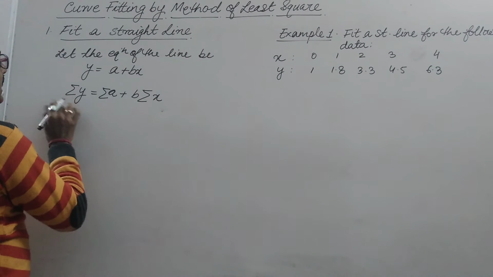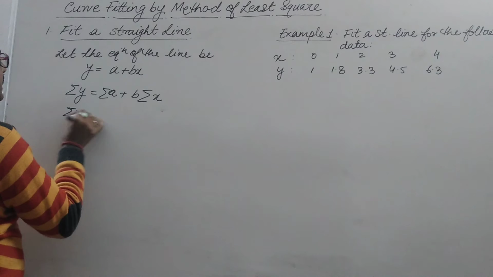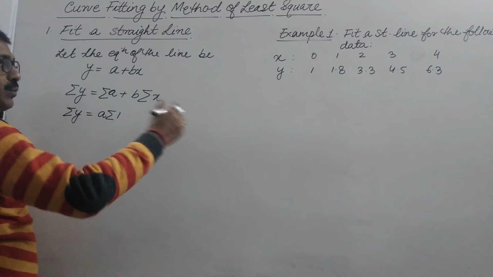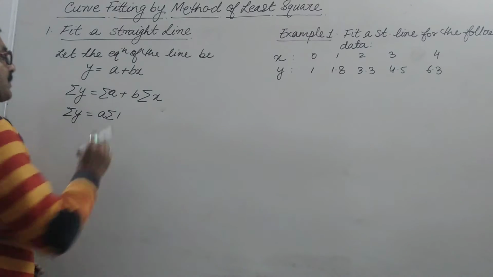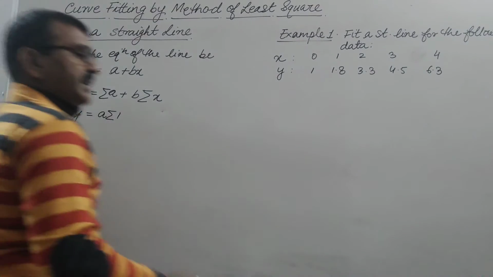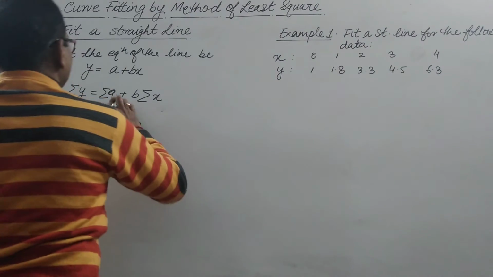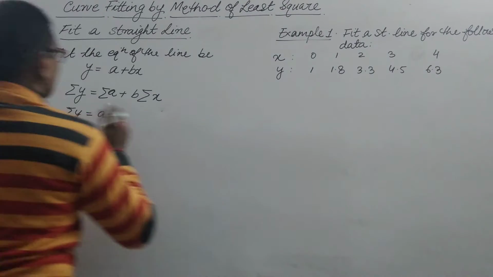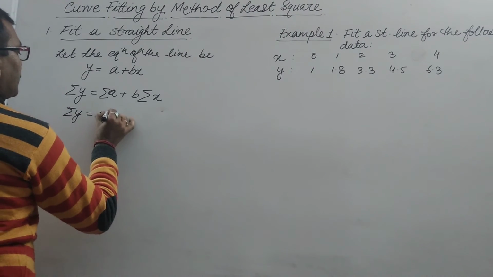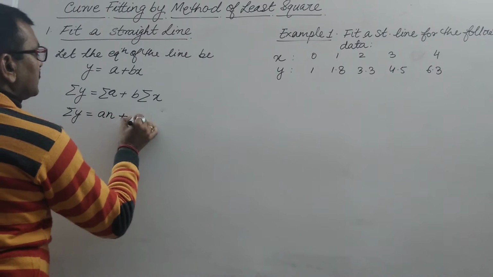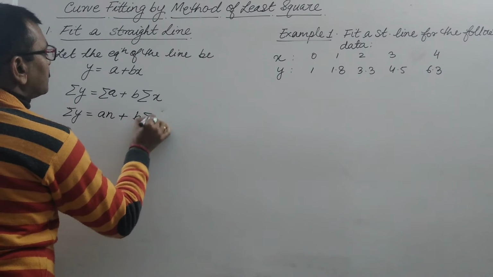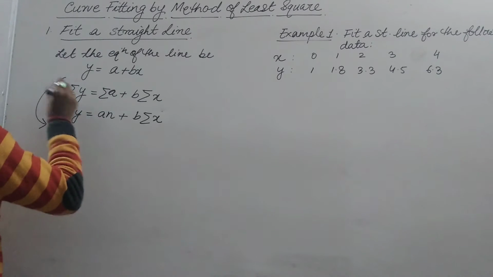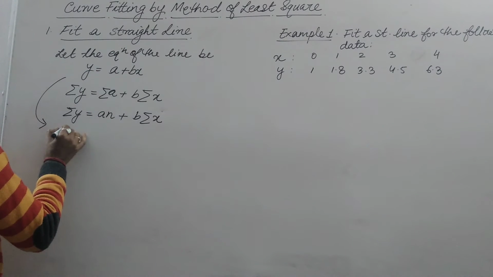So here sigma y, but a will be outside and this will be 1, so 1 will be n. So it will be na plus b sigma x. This is your first equation.